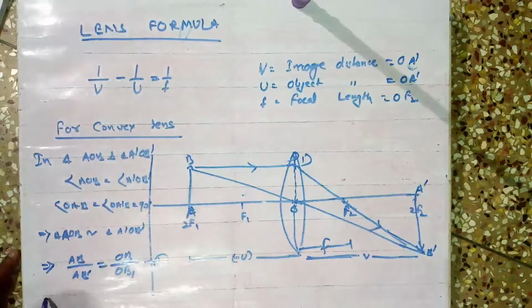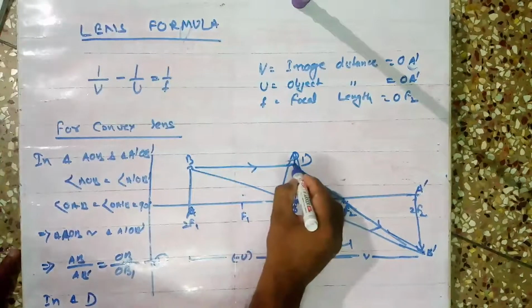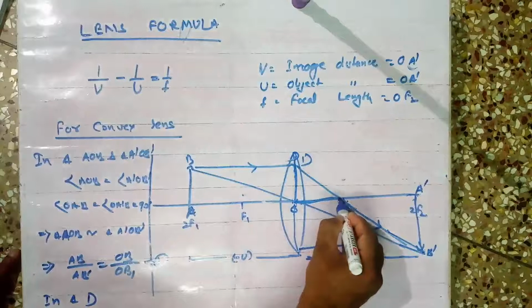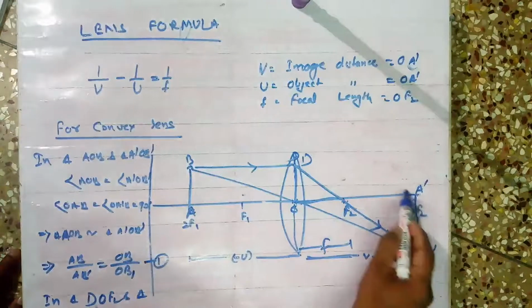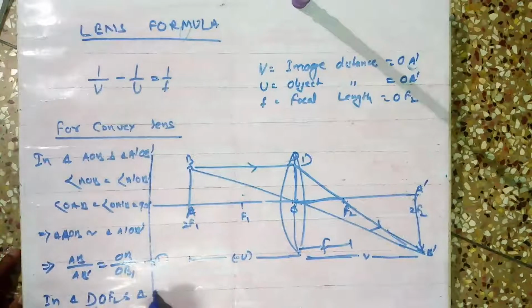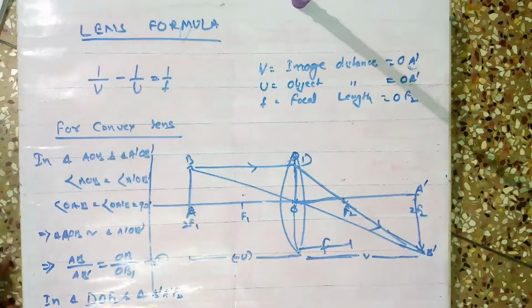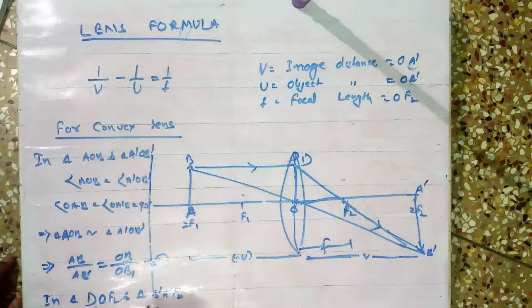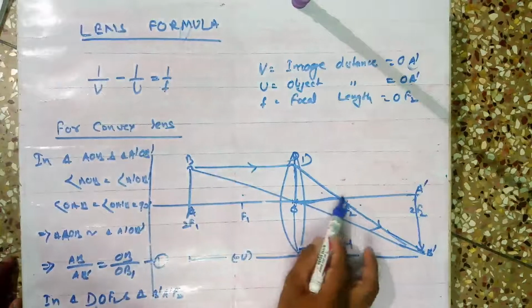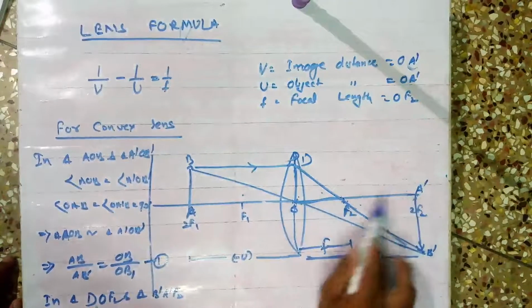Okay. Again in triangle DOF2 and triangle B prime A prime F2. Clear? Again they are similar, with vertical opposite angles, so the same reasons you will write. This is F2, angles DF2O and A prime F2 B prime are vertical opposite.